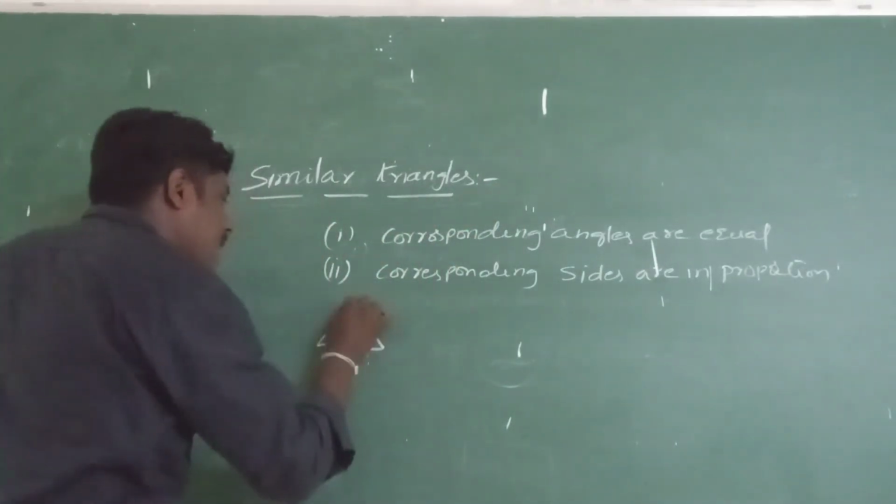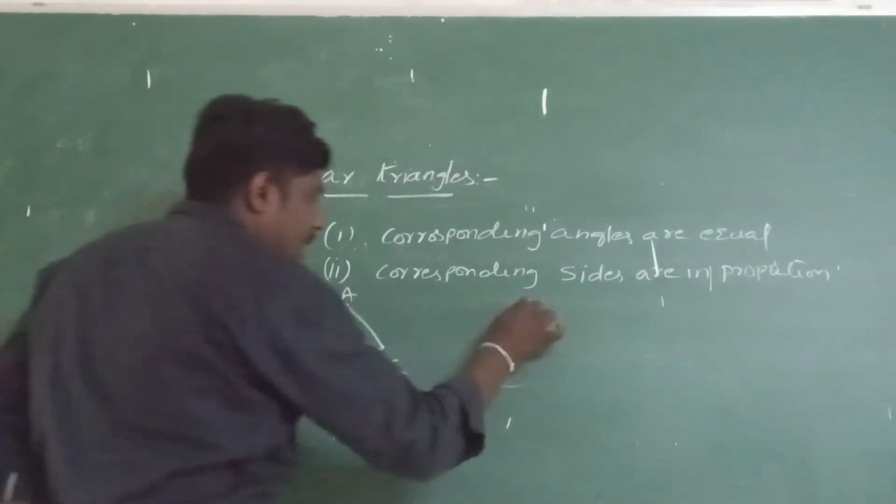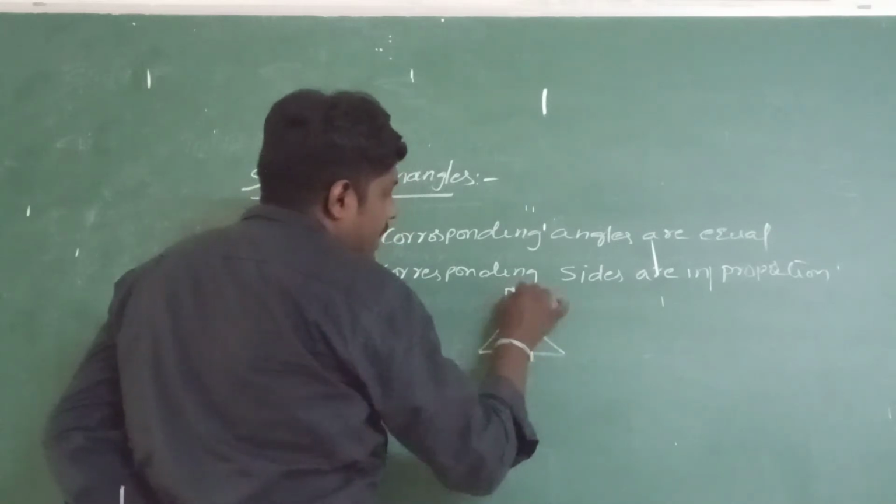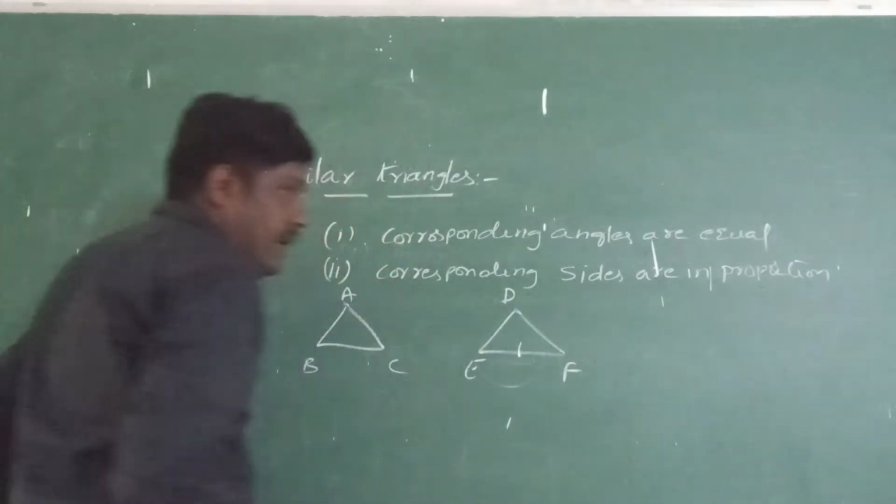Suppose ABC is one triangle and DEF is one more triangle.